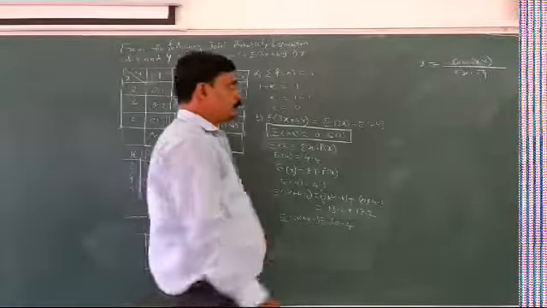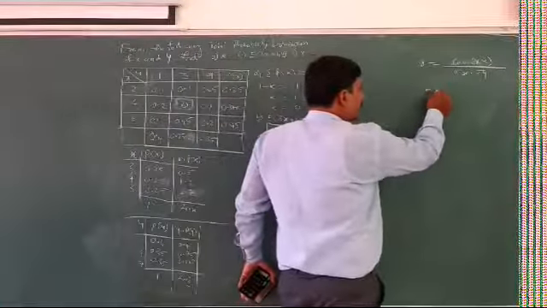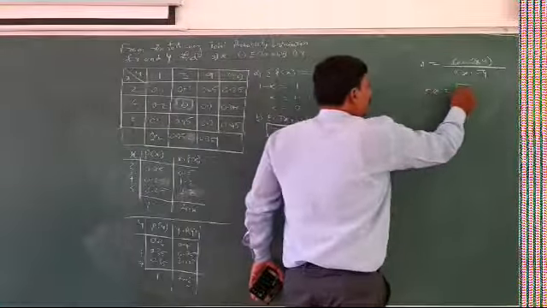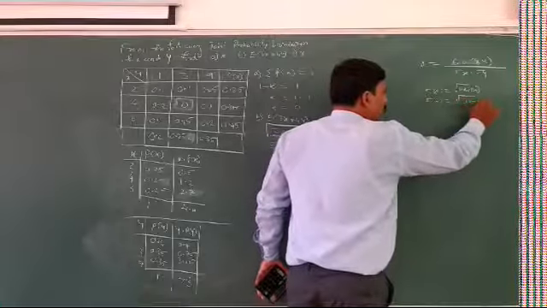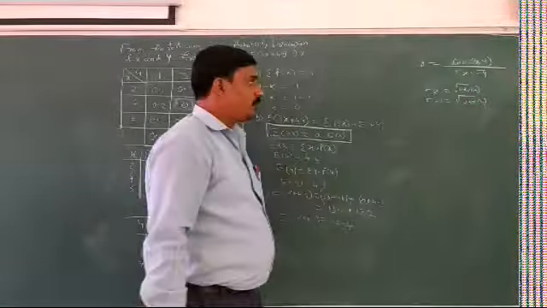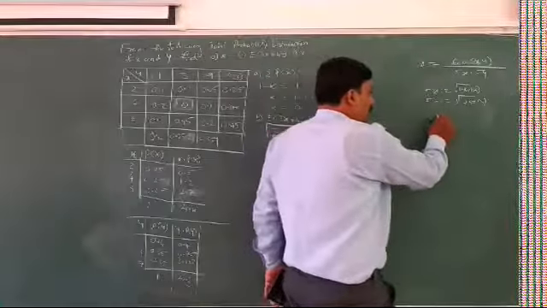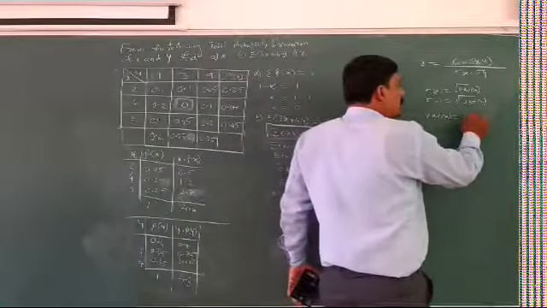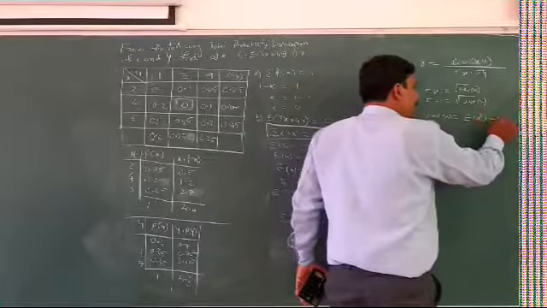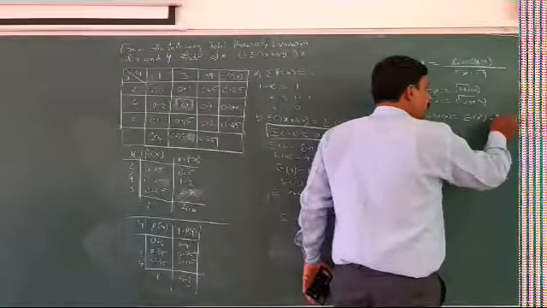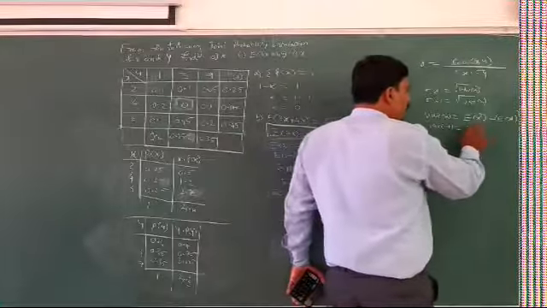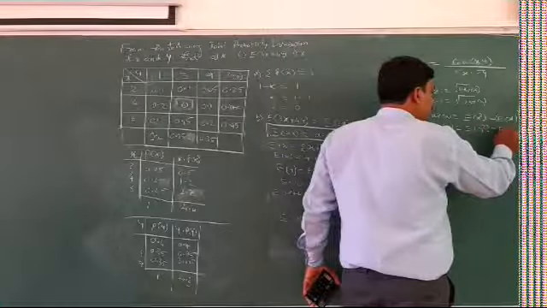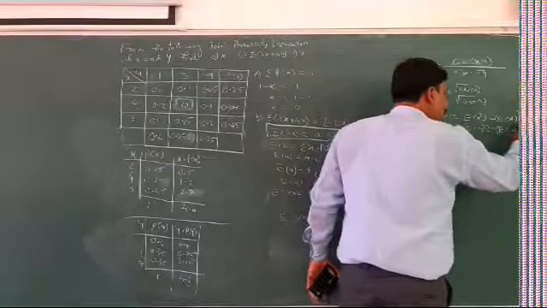Sigma x is nothing but the root of variance of x, and sigma y is nothing but the root of variance of y. The formula for variance of x is expectation of x square minus expectation of x whole square, and variance of y is equal to expectation of y square minus expectation of y whole square.